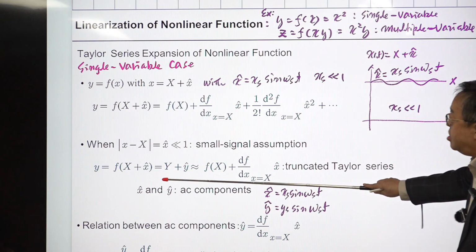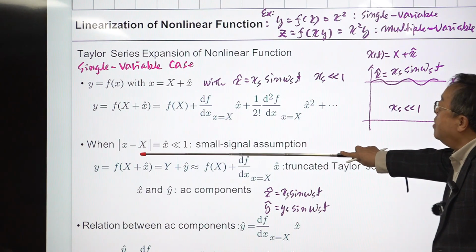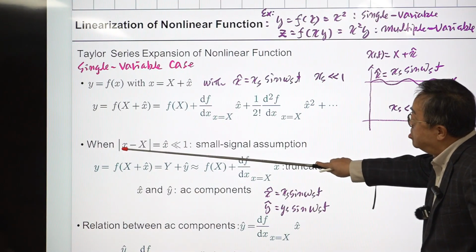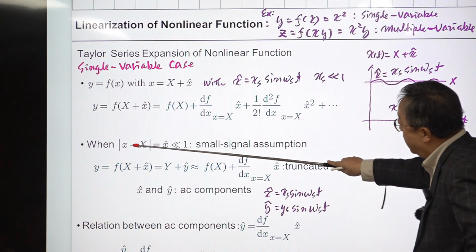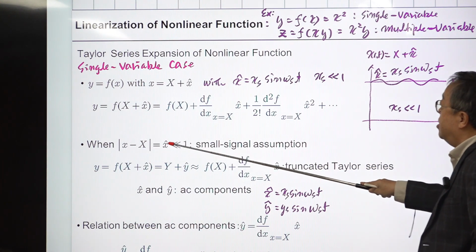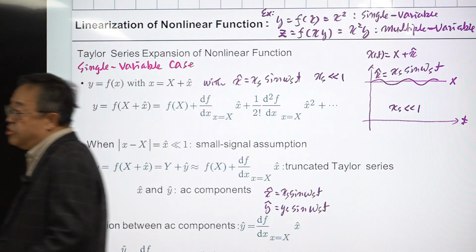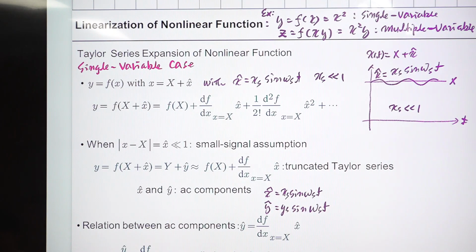So we are just taking this, and the assumption is this one. So the difference between this instantaneous X and DC X, which is the small signal x, is very small. Okay, this statement is the same as this one. Or you can say the variation of this X is very, very small, much smaller than the DC component, something like that.